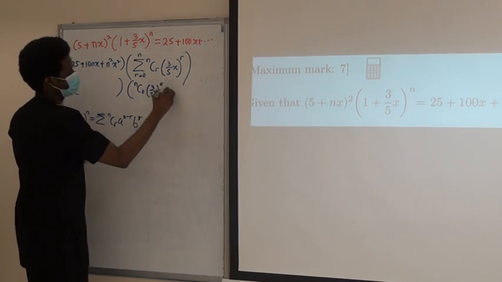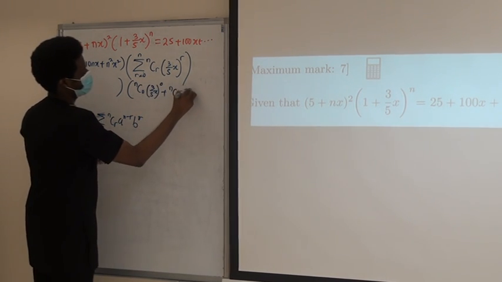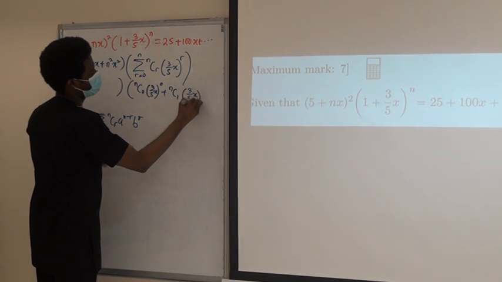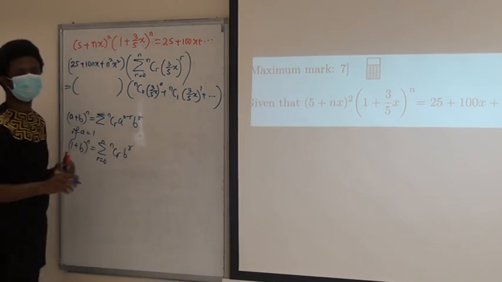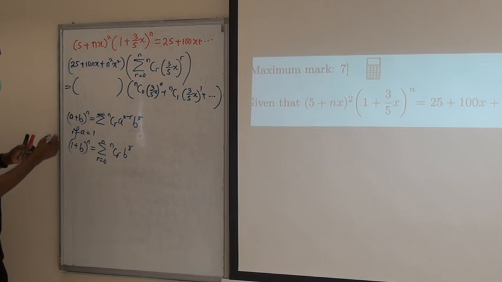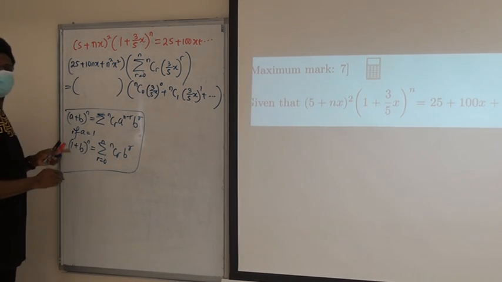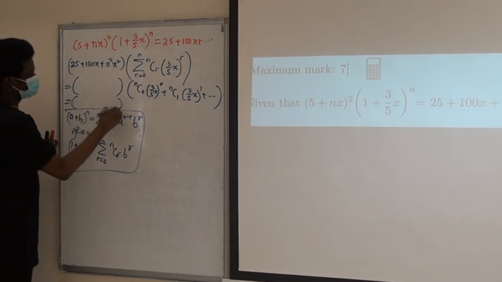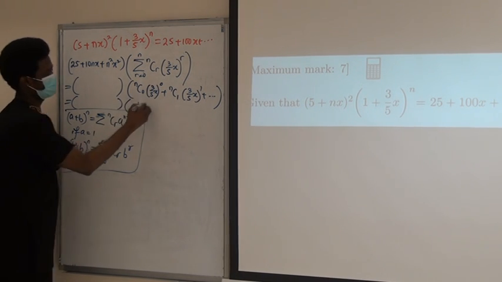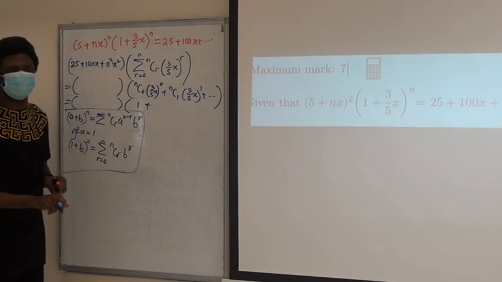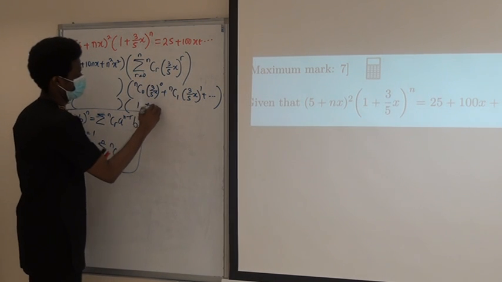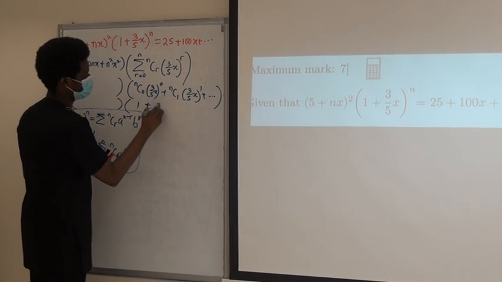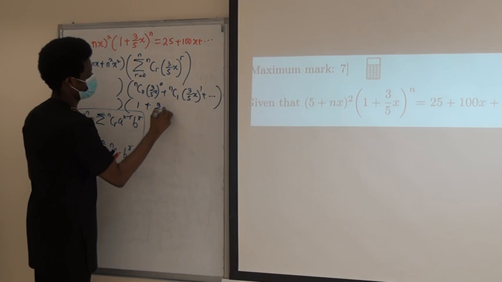Now when r is 1, n combination 1, then 3 over 5x to power 1, and the rest is summation. Okay? That's what we use. So this same bracket, this is 1. N combination 1 is n, remember? So n times this will just be 3 over 5 nx.